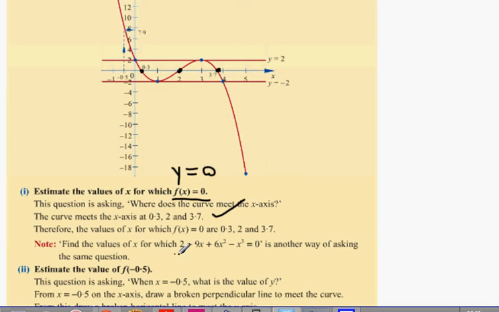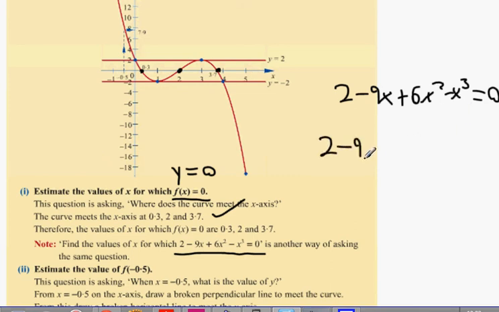Estimate. This question could also be asked like this. Do you see it there? Find the values of x for which 2 minus 9x plus 6x squared minus x cubed equals 0. Everybody happy with that? Now, what about this question here, guys? Look up. What am I basically asking here?